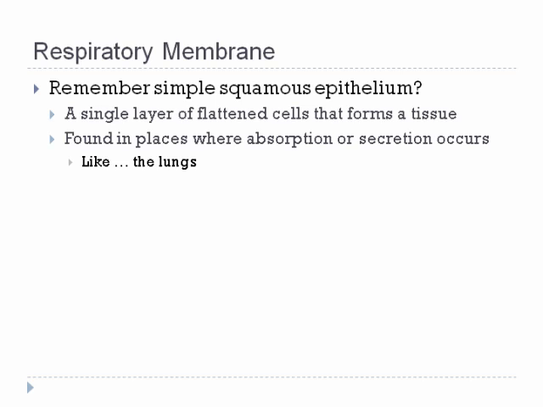So remember when we talked about tissues, we talked about simple squamous epithelium, a single layer. We said at the time that you'll find simple epithelium, particularly simple squamous epithelium, in areas where absorption or secretion occurs, like in the lungs.